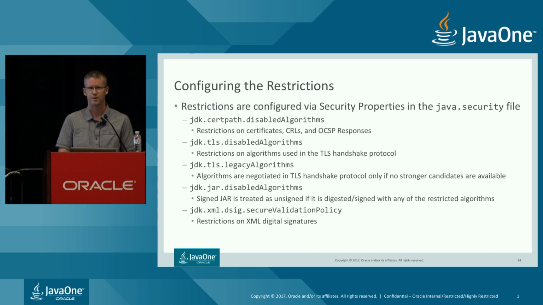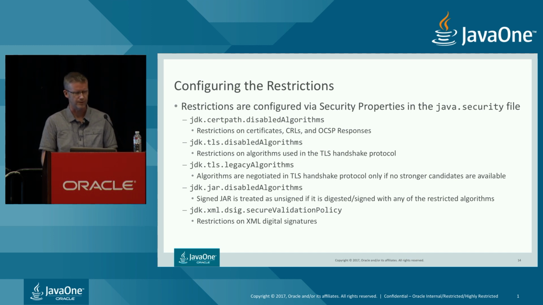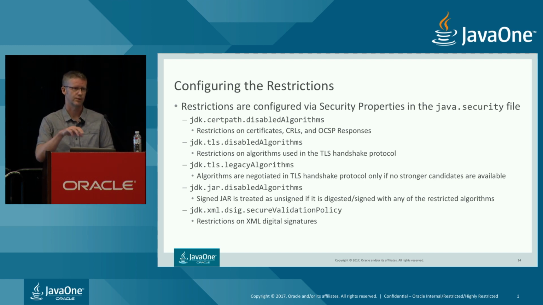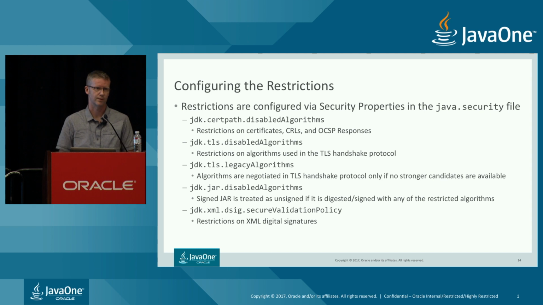If any of those violate the algorithms listed in that property, they would be blocked by default. The second is jdk.tls.disabledAlgorithms. These are restrictions on algorithms used in the TLS handshake protocol. What will happen here is that it will try to negotiate to a stronger cipher suite if it's available, but if the only cipher suites that are available violate the restrictions in that property, then your TLS connection will fail.